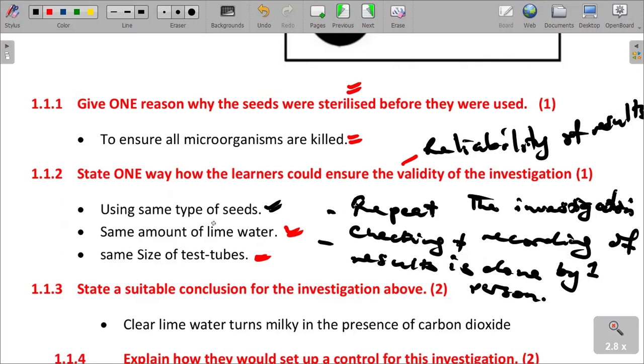That can also help in ensuring that the results are correct.